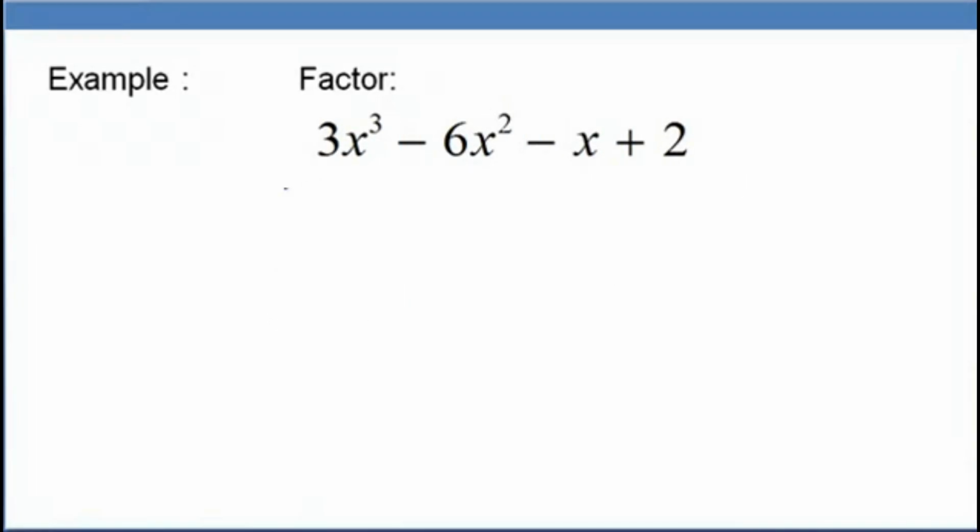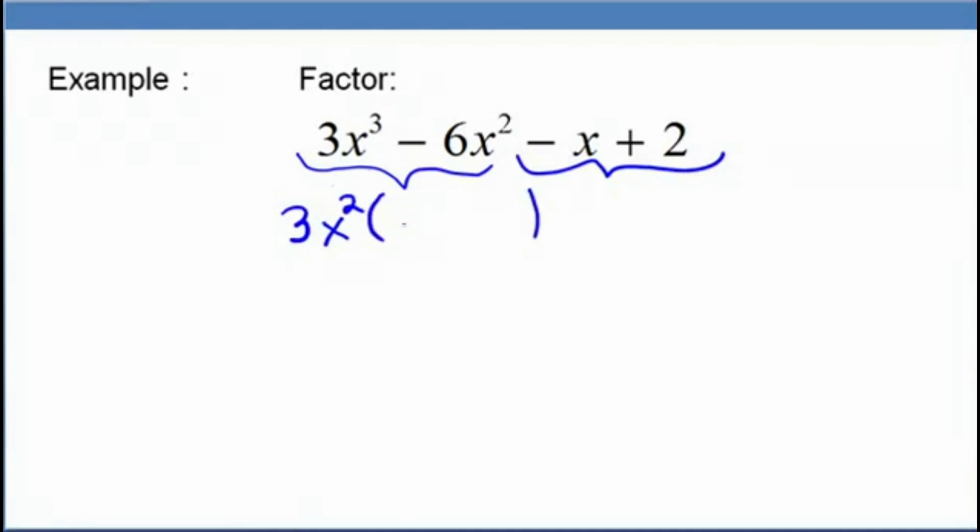We're going to factor. We have 4 terms, so we'll try the grouping. So we'll make our groups. From the first group, we can take out a 3x squared. And to get back there, we're missing x minus 2.